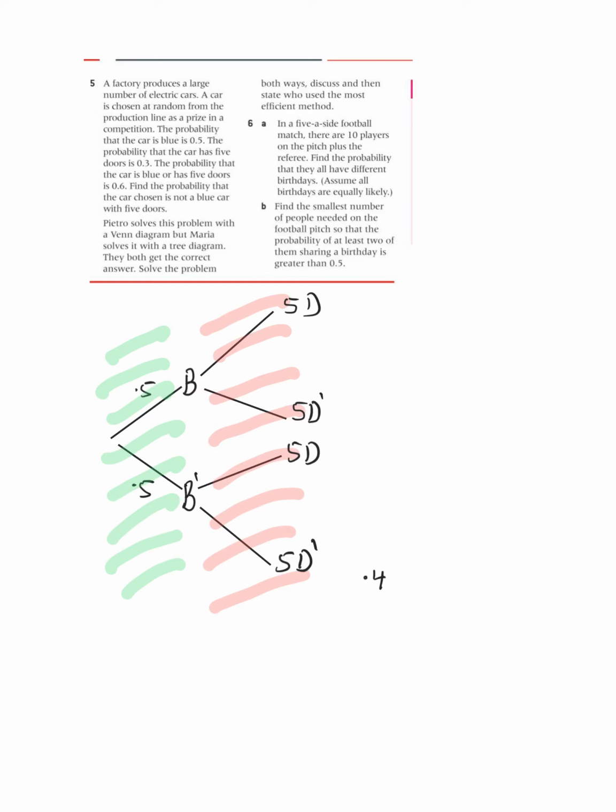Now, if that's 0.4, then 0.5 times 0.8 equals 0.4, so that would be 0.8. If that's 0.8, that must be 0.2, right? Because that's got to equal 1.